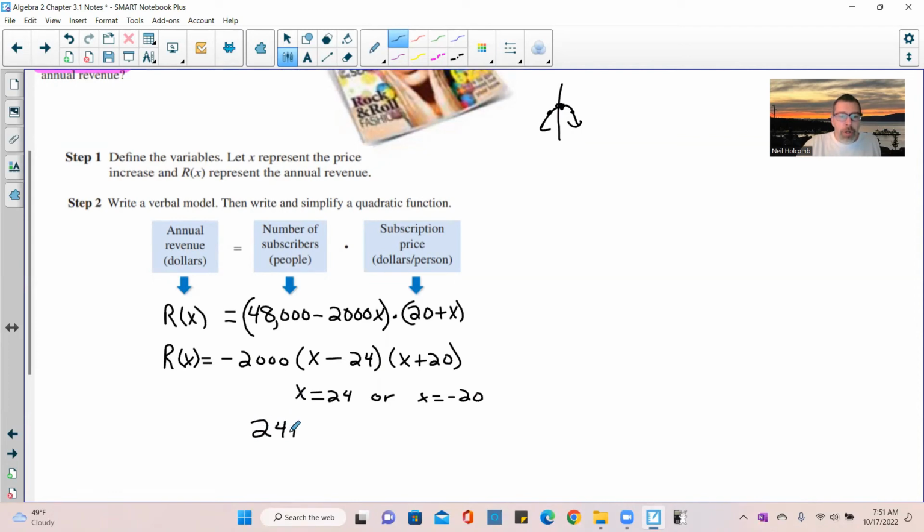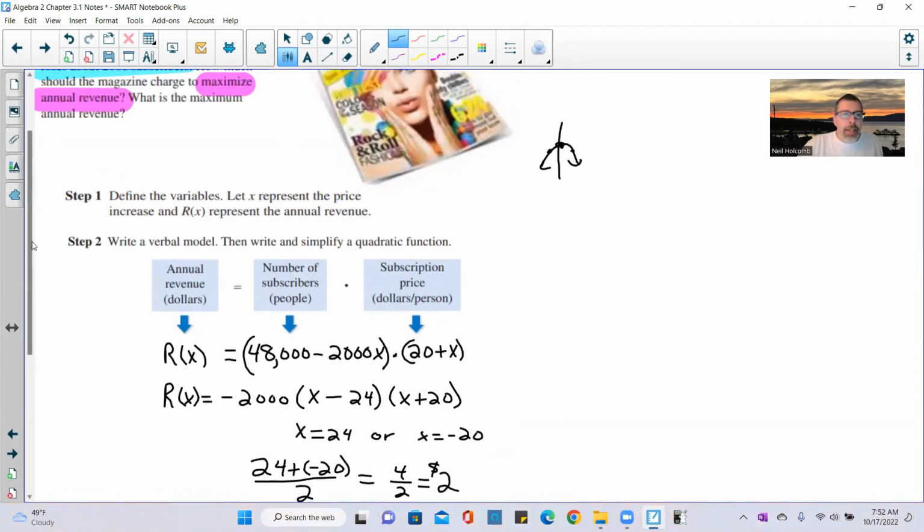So you take 24 plus negative 20 and divide it by 2. And that is going to equal 4 over 2, which equals 2. Okay, so that tells us that if we increase the cost by $2, that is where our maximum is.